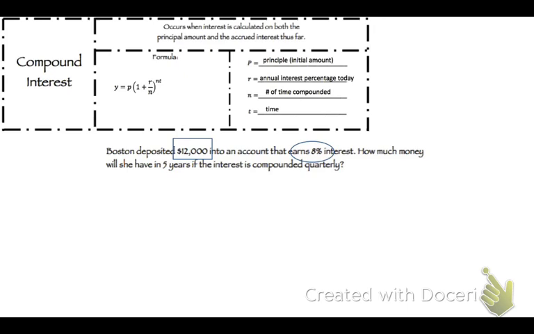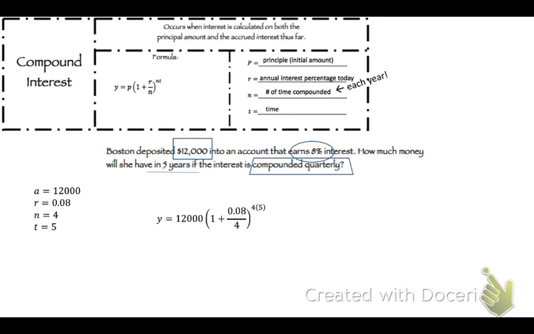We want to know how much money she'll have in 5 years, so 5's my time, and then it's compounded quarterly. So quarterly, that's 4 times every year, because there's 4 quarters in a year. So P is 12,000, r is 0.08, n is 4, t is 5.